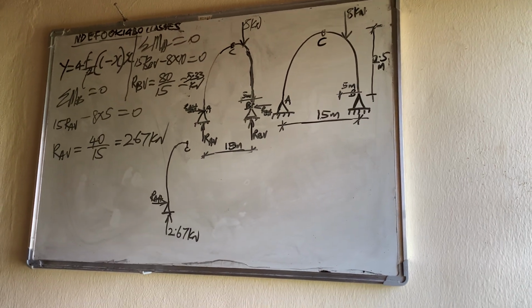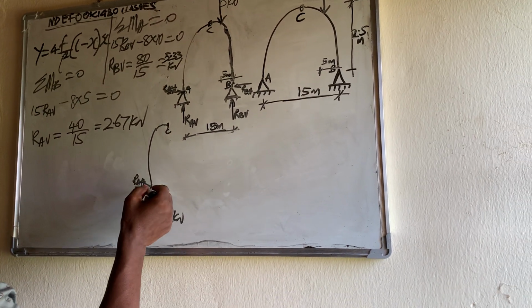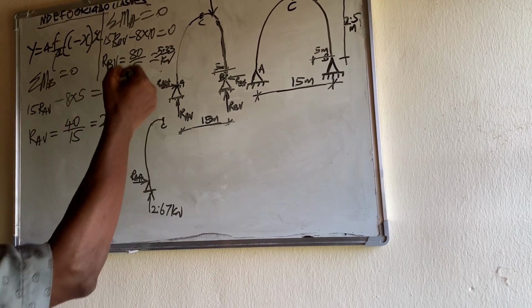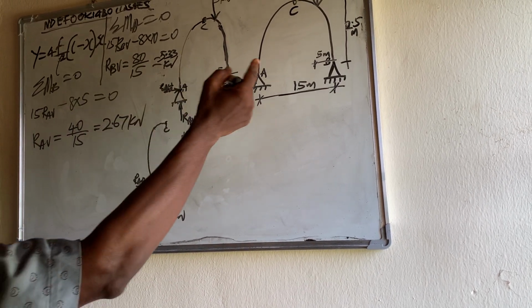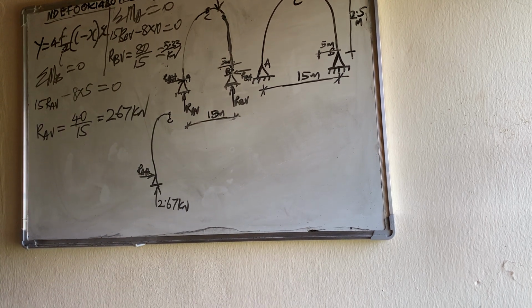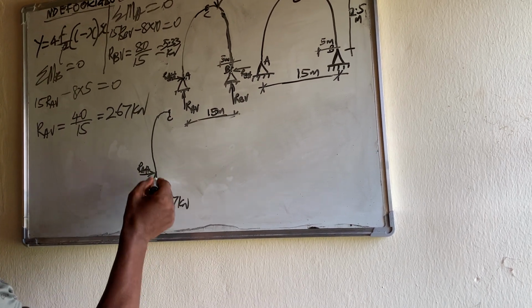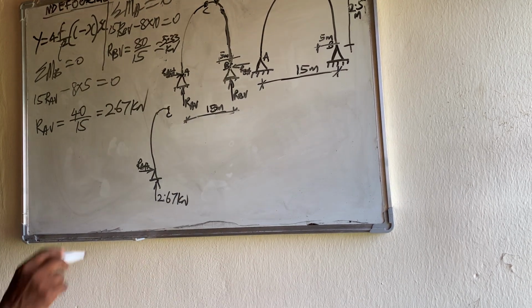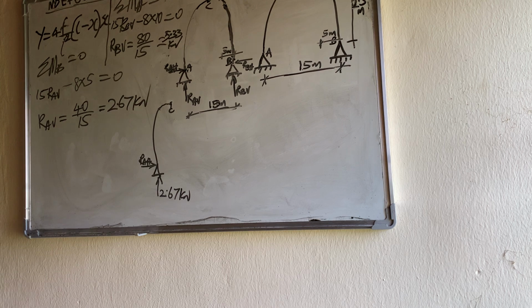There's no other load on this side. The vertical distance of R_A horizontal from C is 2.5, and the horizontal distance is 7.5, half of 15, for the 2.67.